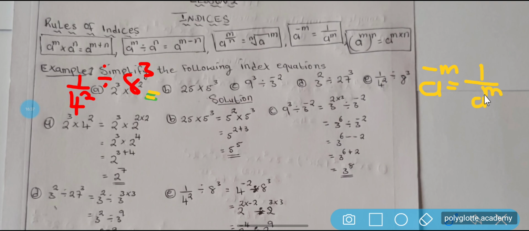So this is to show that we don't leave our answer in negative index. The reason why we had to write to the power minus 7, since we don't leave our answer in negative index, we needed to put 1 over 3 to the power 7. So that is it. So let's go ahead.